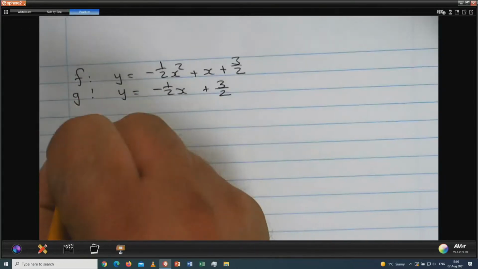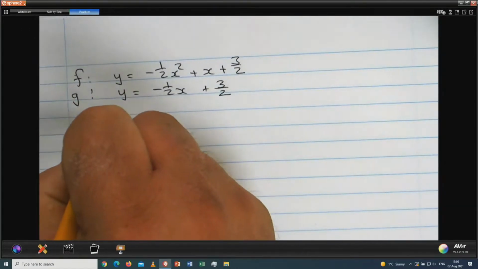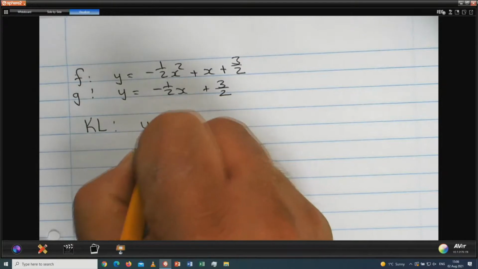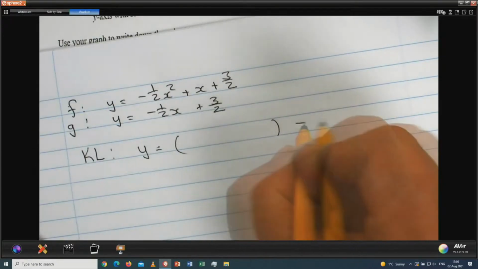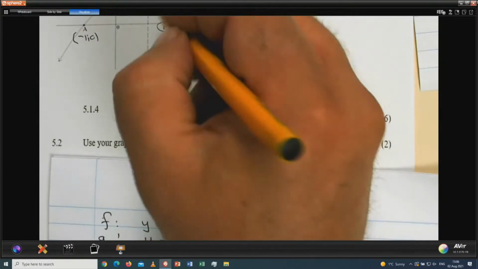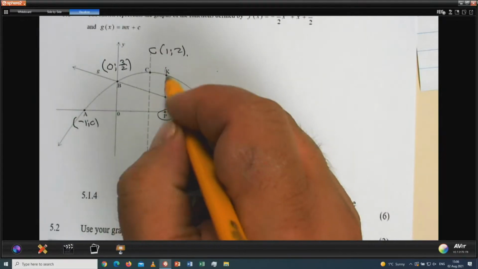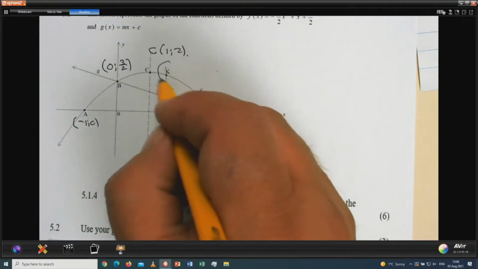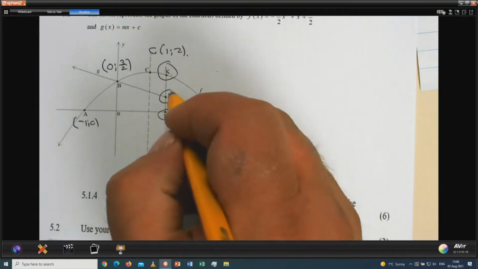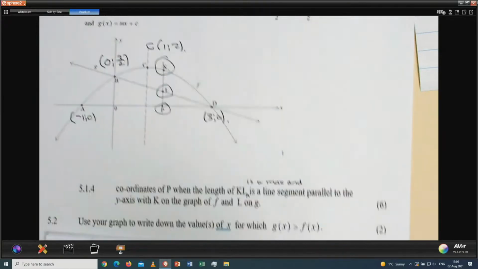So here we can say KL, y is equal to the top graph minus the bottom graph. Remember, to work out KL, it's the top graph, which is the parabola, minus the bottom graph, which is the straight line.